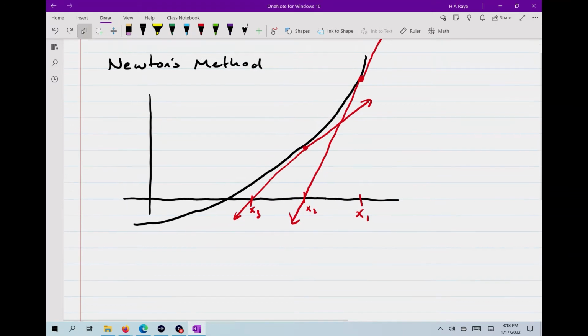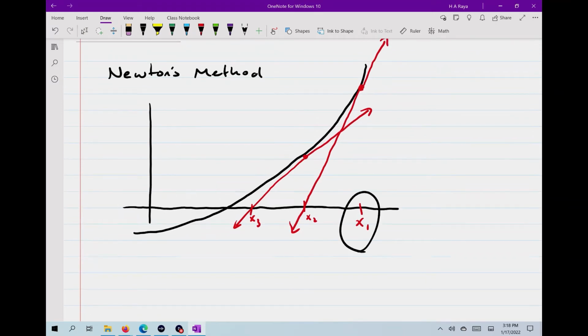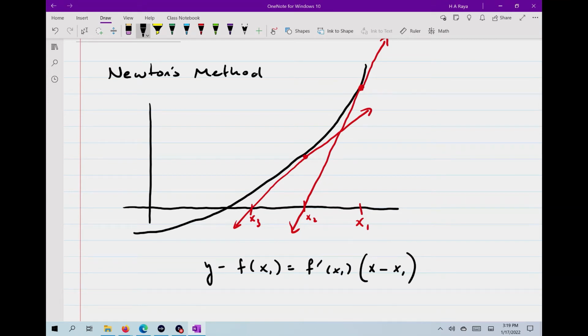For our tangent line at x equal to x1, this tangent line has the equation y minus f of x1 is equal to f prime of x1 times x minus x1. Again, this is the equation for our first tangent line.